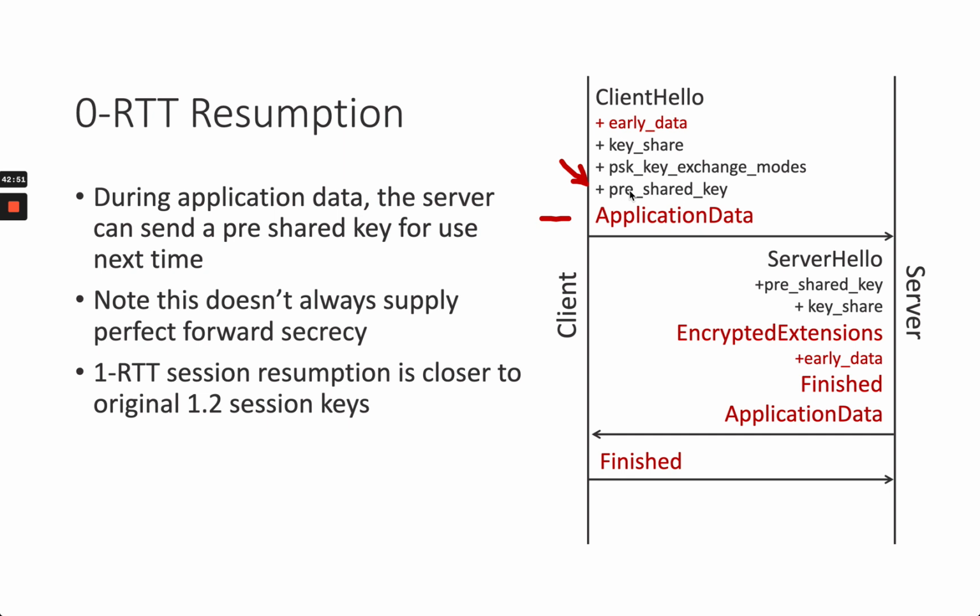And then the server can do the normal hello at the same time, but can also send application data here in the first round trip, right? So this is literally the minimum amount of time possible to get an encrypted connection. So suppose that first application data was an HTTP GET, there could be an HTTP response buried in the server hello, basically, or in the finish message, or just after, and that massively speeds this up.